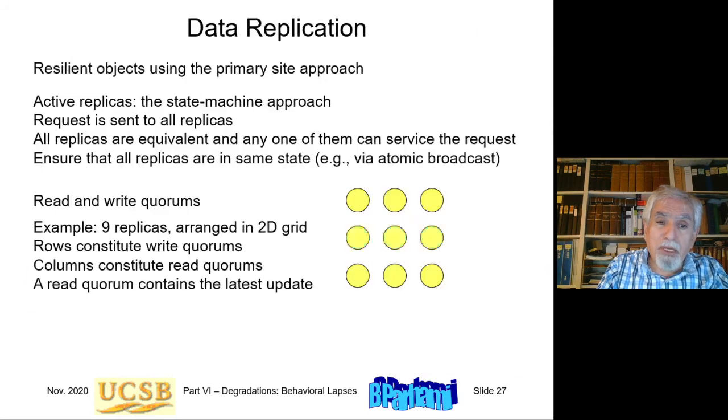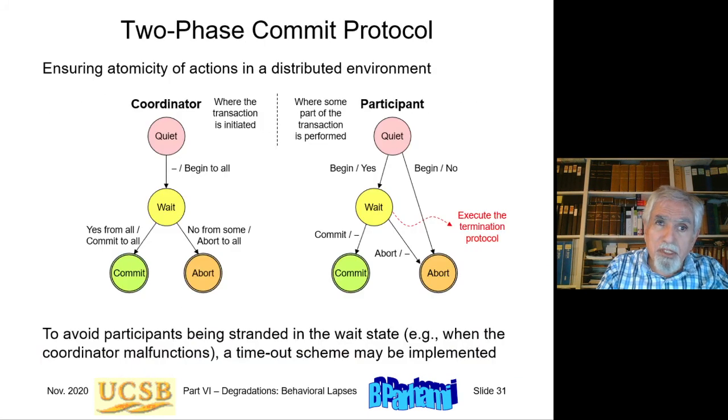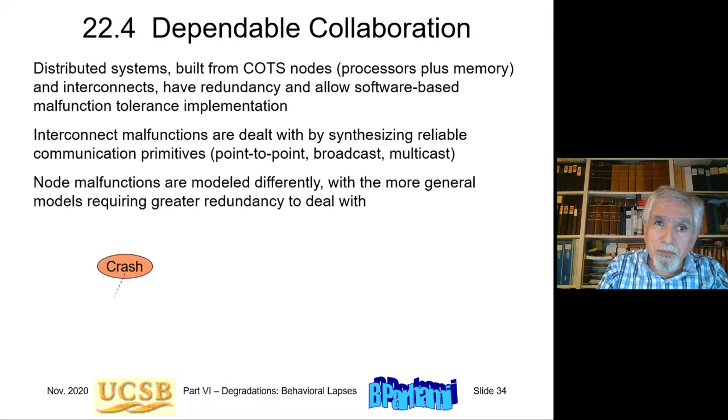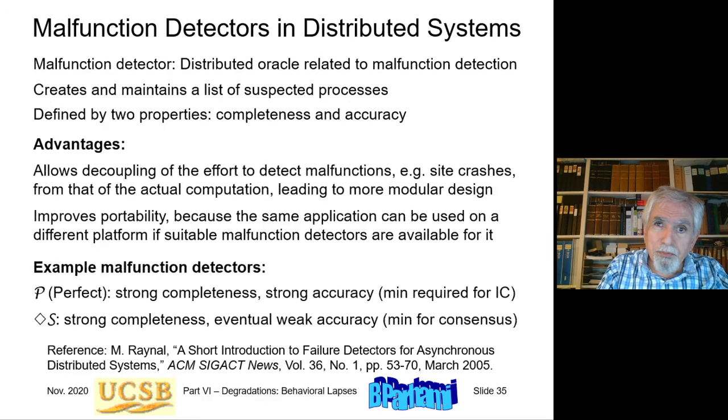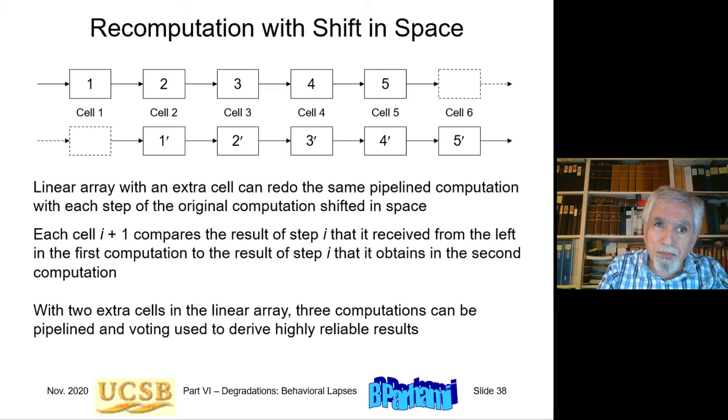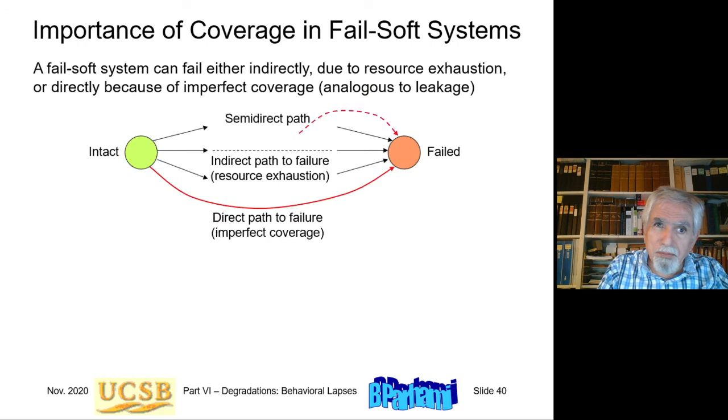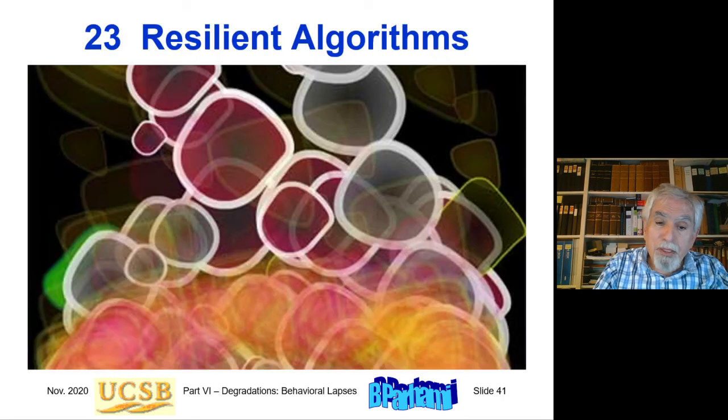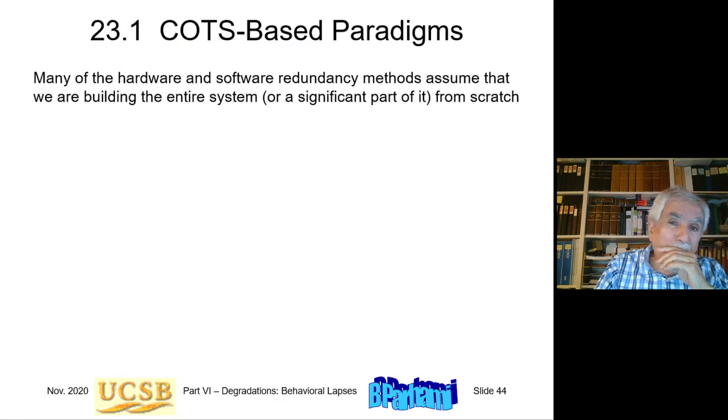Okay, let me now cover a few ideas from chapter 23, dealing with resilient algorithms. For much of the history of fault-tolerant computing, people basically dealt with building systems up from scratch.